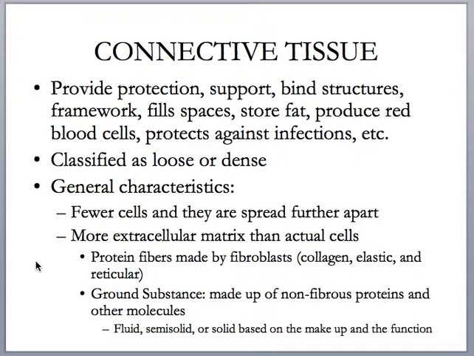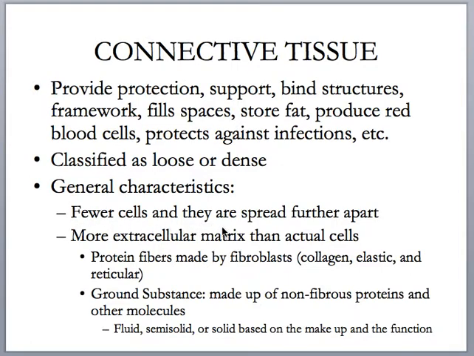So general characteristics, just like we went over general characteristics of epithelium, and all specific types of epithelia can be classified, or we classify it as epithelium because they all meet those general characteristics. Same thing with connective tissue, when we are looking at a tissue in the body, we group it under connective tissue because it shares these general characteristics, like fewer cells.